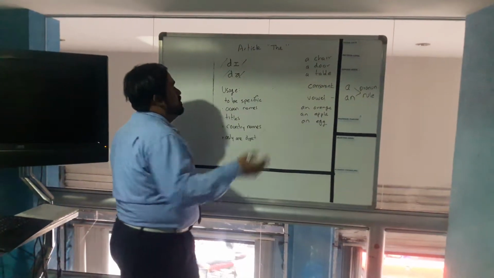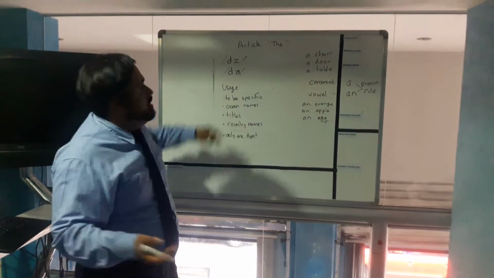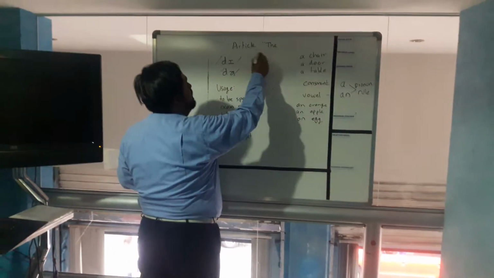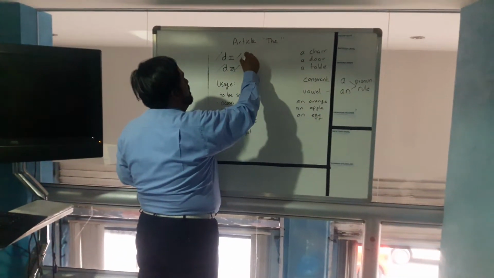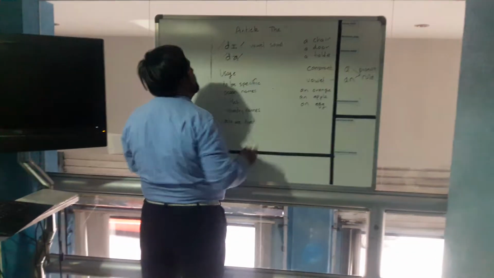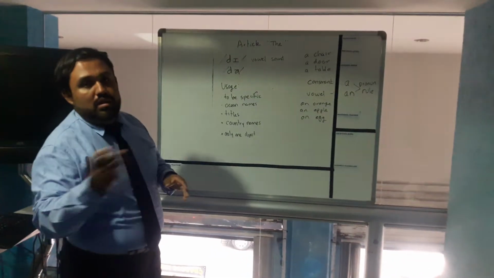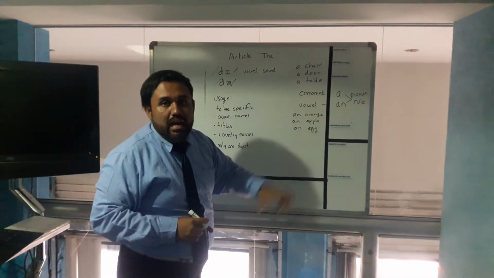But when do you pronounce thee? You pronounce it after a vowel sound. So now you can say the orange, the apple, and the egg.